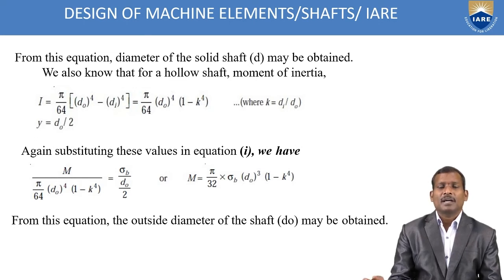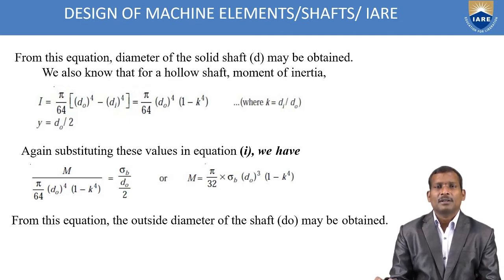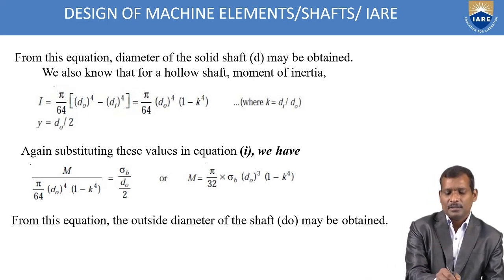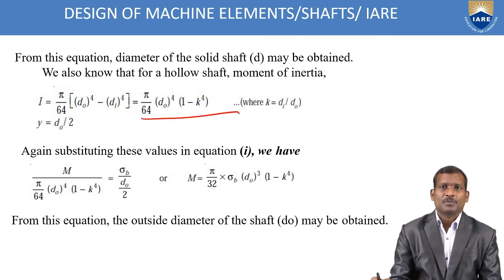Also know the moment of inertia for a hollow shaft. Up to now, we have written equations for the solid shaft. For the hollow shaft case, again write down the moment of inertia: I is equal to pi by 64 into d_0 to the power of 4 into (1 minus k to the power of 4).